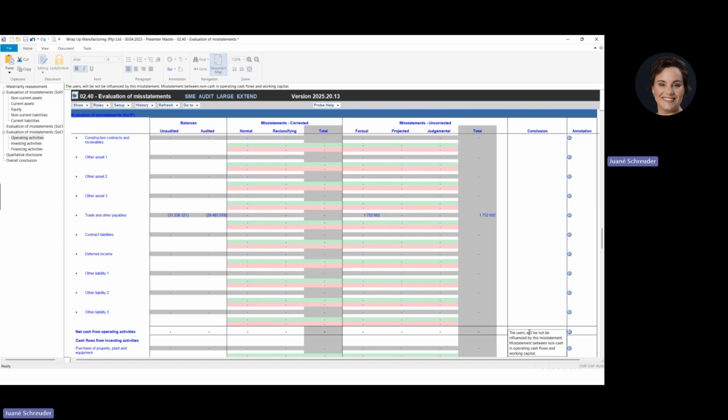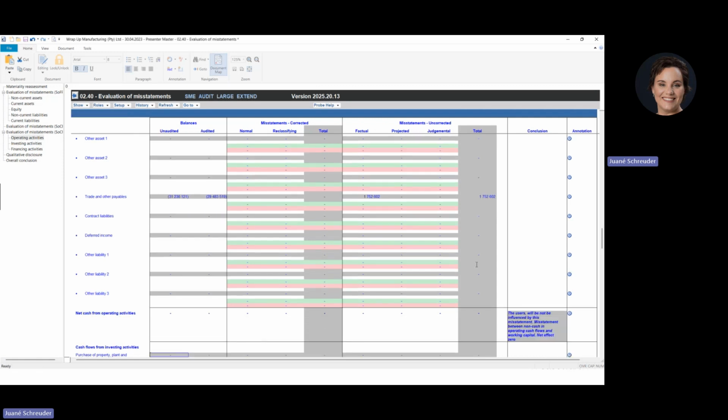And then to say the net effect is 0, and the specific line items are also not qualitatively material to the users, and then we stipulate who the users are, to explain why we are happy that each of these line items are not individually material and also not in aggregate. It's obviously 0, but then also individually for each of these line items, why they are not material. All right. So that is then for the operating activities.